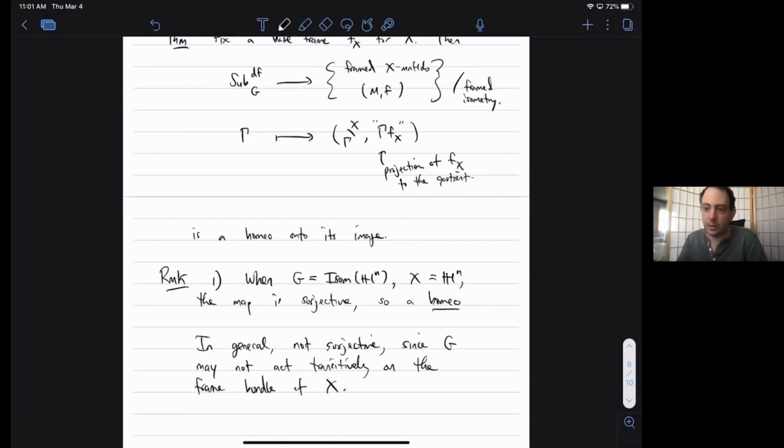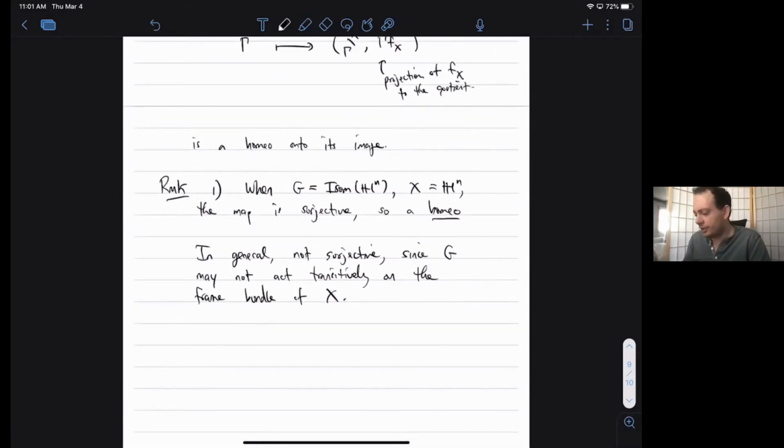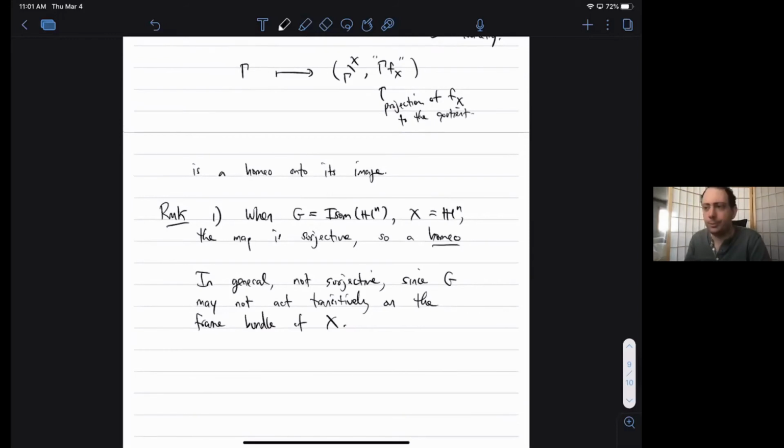If it does, then the space has constant curvature, and you're basically looking at hyperbolic space. So the fact that it's not surjective in general doesn't really cause any problems. It's just that not all possible frames for these X-manifolds arise. But most of the geometric examples we'll be doing are in Hn anyway, in which case you do have a homeomorphism.